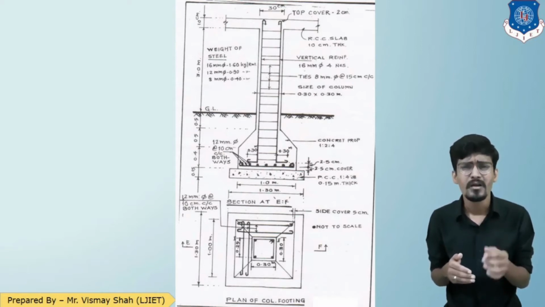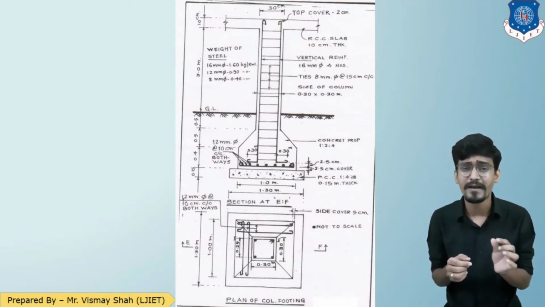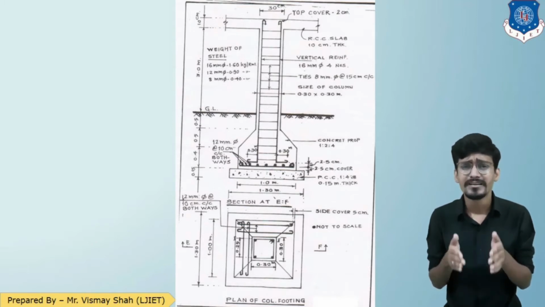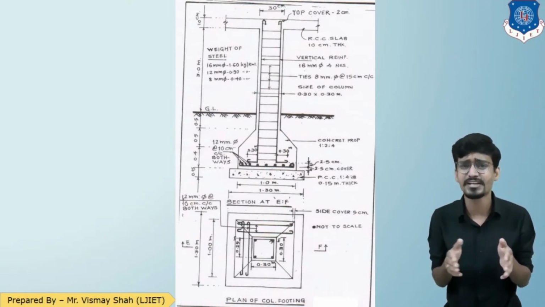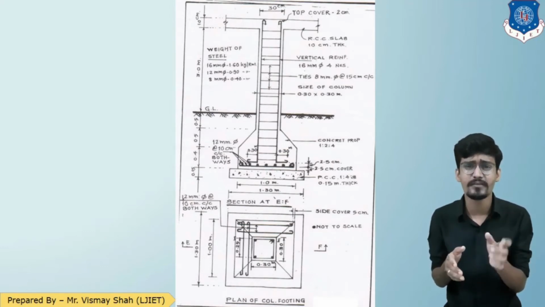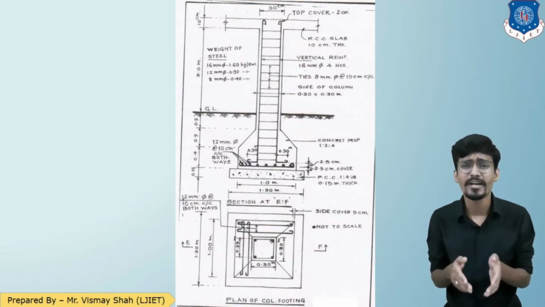Now for the horizontal reinforcement, another gap of 2.5 centimeter is provided. So total 5 centimeter is left from the bottom. Now as you can see in the drawing, the vertical reinforcement has an L shape and the extra length of the L is 0.3 meter.